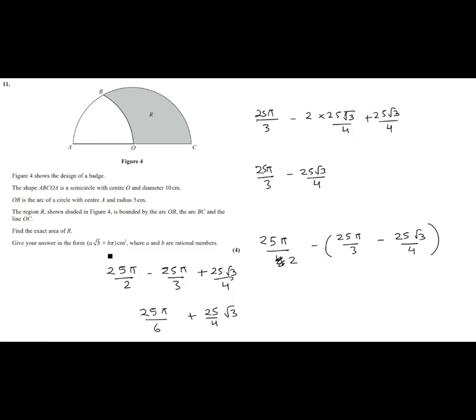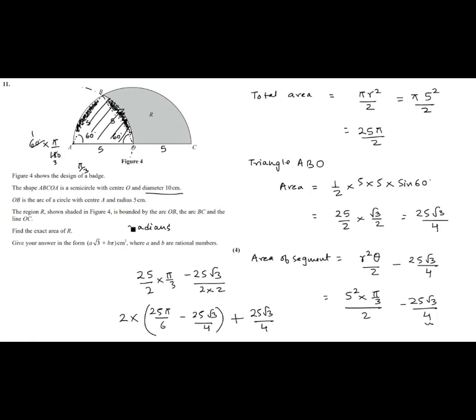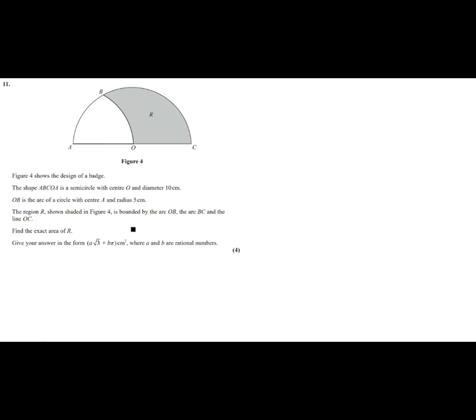So if you write it the way they want, this is the area of the region R. So this becomes 25 by 4 times root 3 plus 25 over 6 times pi. So A will be this and B will be this. Okay, let's check the answer quickly. So 25 over 4 and 25 over 6. So I hope you understand the question.